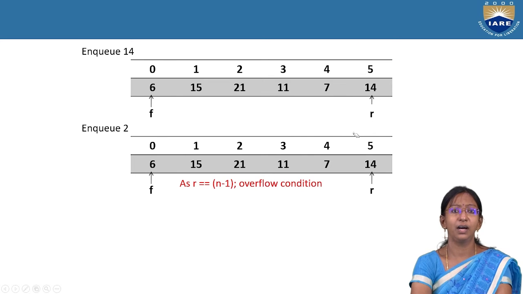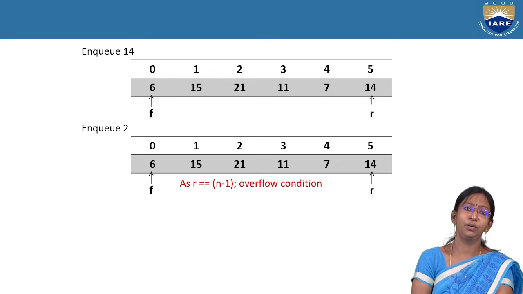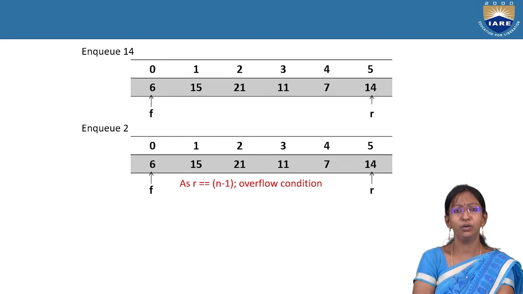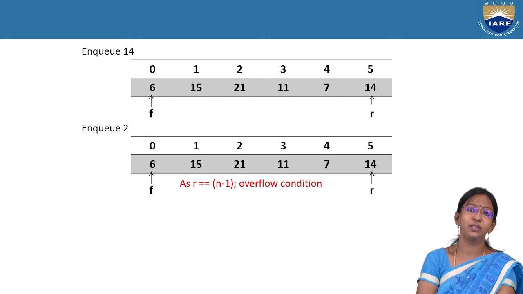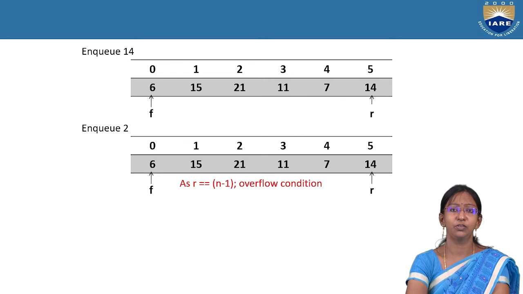Why? Because rear is the direction in which we have to insert the data in a queue. If it is pointing to its highest index and cannot be further incremented, then that itself says that if you insert, it will overflow, it will go in waste. So this is overflow condition.